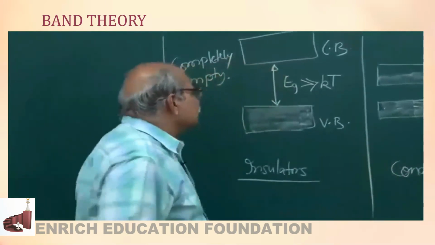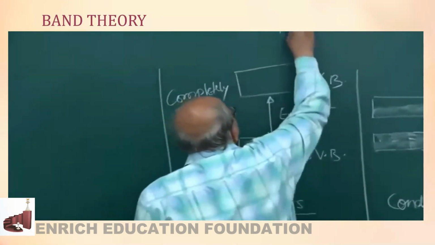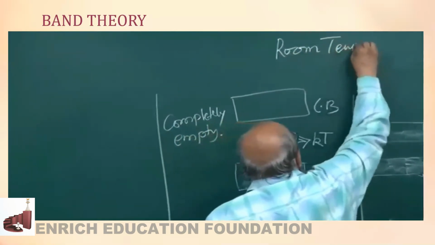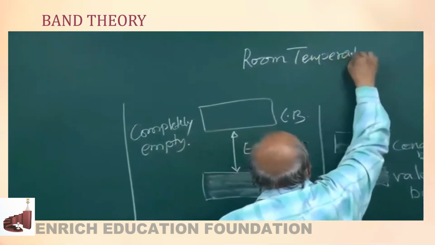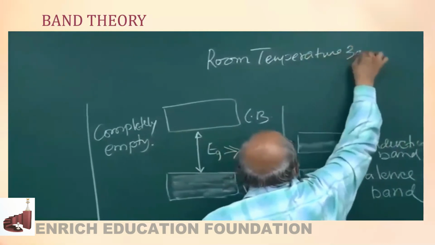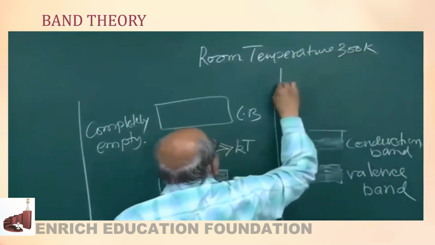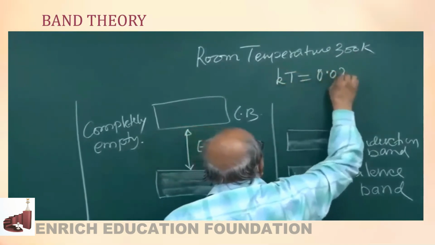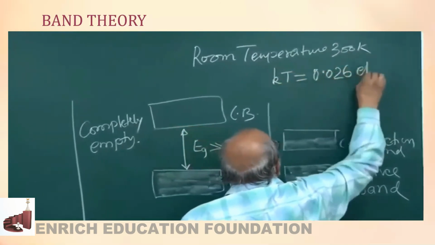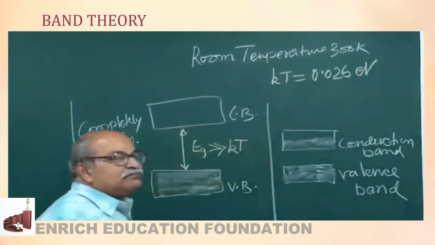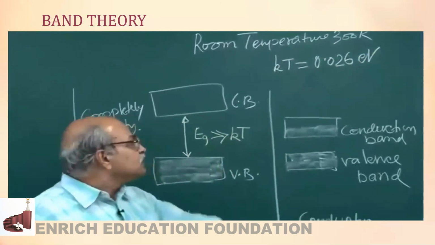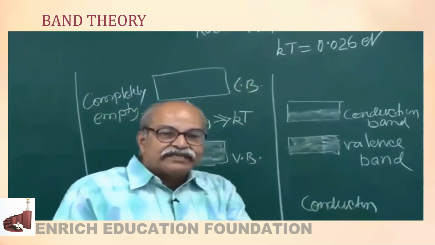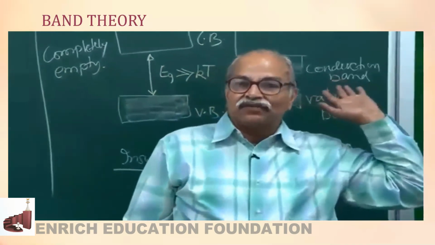For example, at room temperature, 300 K, this kT is 0.026 electron volts, or 26 milli electron volts. So the energy exchange is of this order.